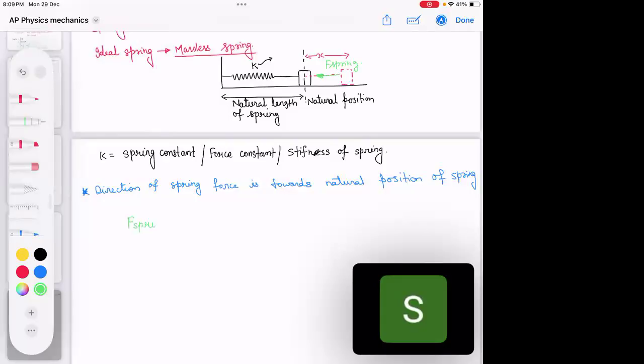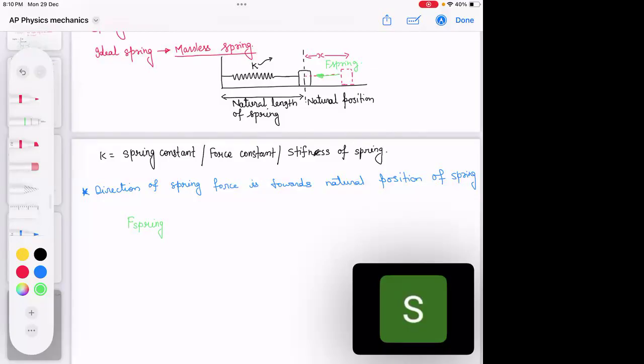And the spring force is variable in nature. Variable in nature means how much spring force is applied on a block depends not only on the spring constant but also on the elongation or compression we have produced in the spring.